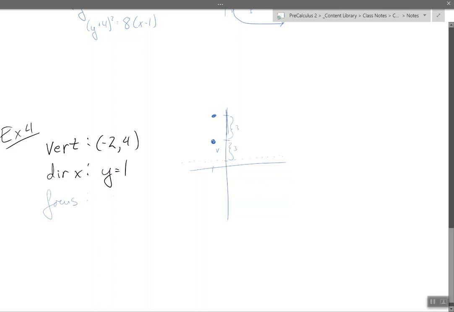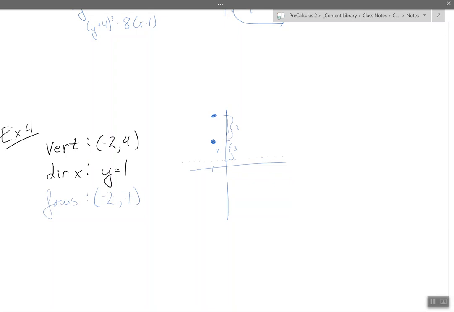If we go up 3, that's going to be -2, 7. So it really is one tiny extra step more work than the previous example. We have the directrix, and we can very easily find the focus given that directrix. We just determine how far away it is from the vertex and go that far in the other direction.